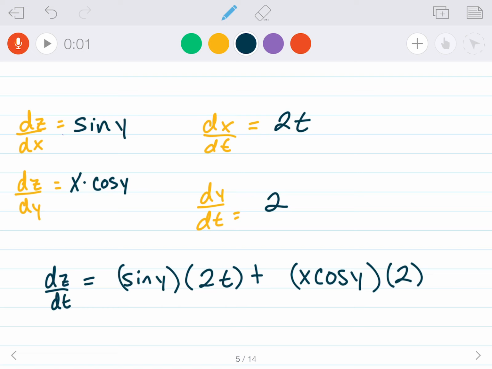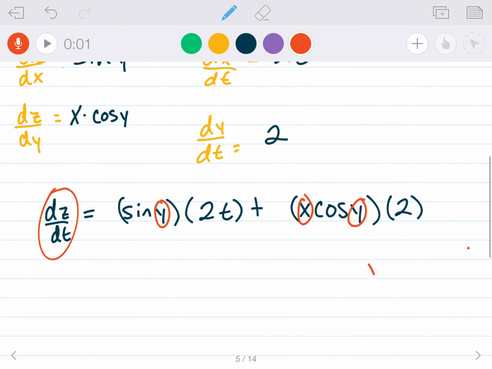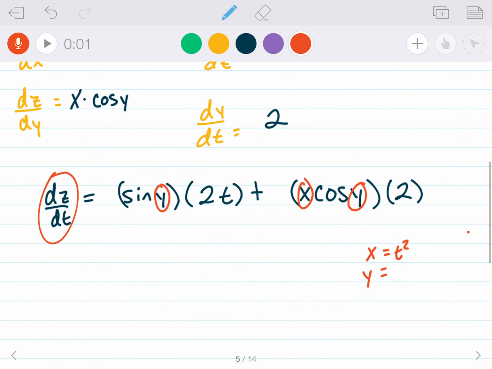Okay? And what I want to do at this point is substitute my values in for y and x, because the point of this was to find the change in z with respect to time. So we want to make sure our final variables are in terms of time, or t. We were given that x was t squared, and we were given that y was 2t plus 1.